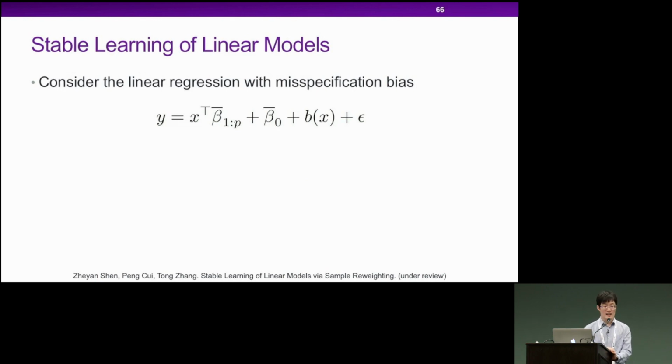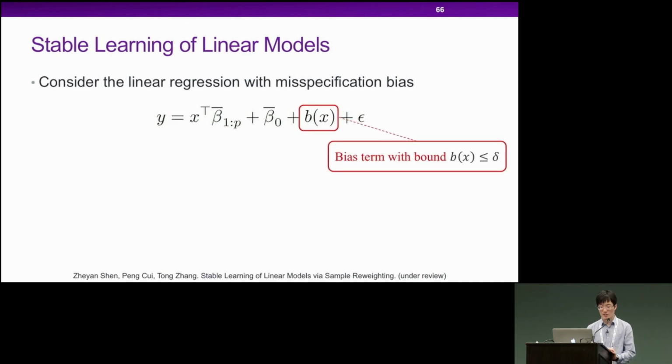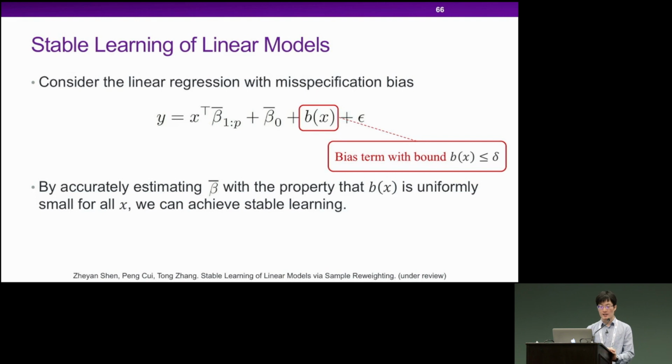The b(x) here is a bias term, bounded by delta, so the generation of y is still dominated by beta, not by b(x). In this kind of model, if we can accurately estimate beta bar with the property that b(x) is uniformly small for all x, then we can achieve stable learning.